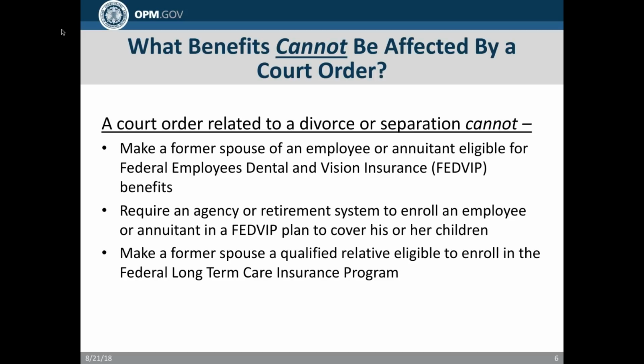So basically, we just talked about benefits that can be required in the court order for us to divide. However, there are certain benefits that, regardless of whether it's in the court order or not, we're not able to divide per federal regulation, and that's the FEDVIP. That's also to allow a FEDVIP plan to cover his or her children.